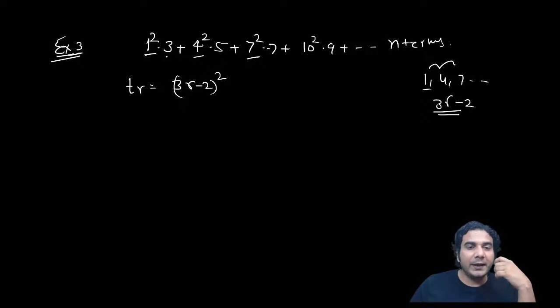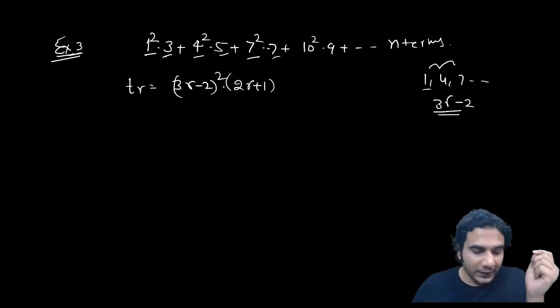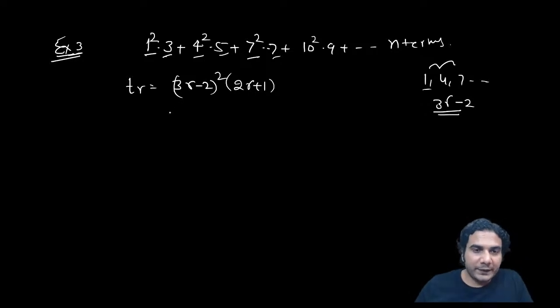Alright. And into 3, 5, 7, we have just done it. The general term, the rth term of this, was 2R plus 1. So this is what we are getting this time. Alright, so it's a cubic in R. Expand it first of all. So after expanding, you'll get 9R square plus 4 minus 12R into 2R plus 1. Now again multiply.